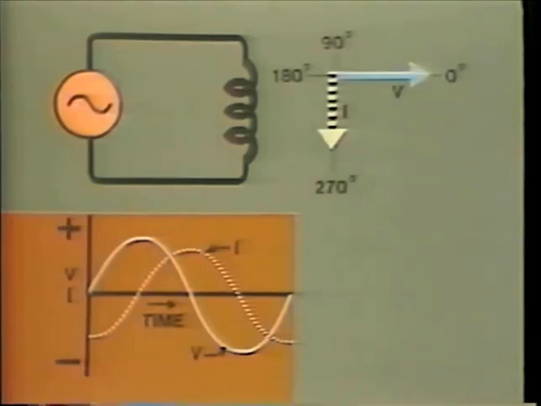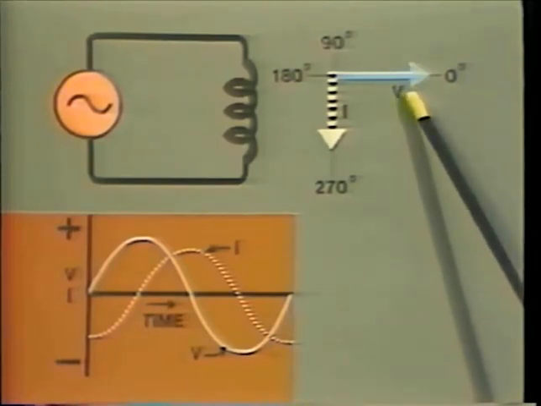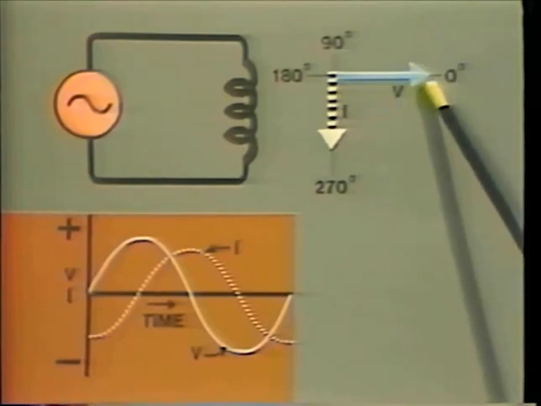A more convenient way of comparing phase angles is by drawing a vector diagram like this. The vector is a line which shows magnitude, that is, how much, and it also shows direction. This vector represents the voltage. Its length is proportional to the RMS value of voltage.